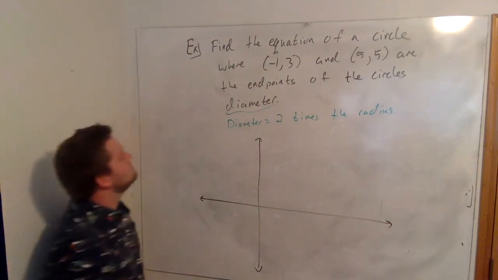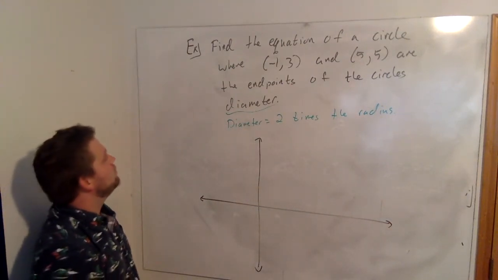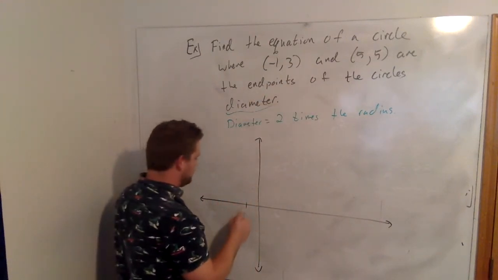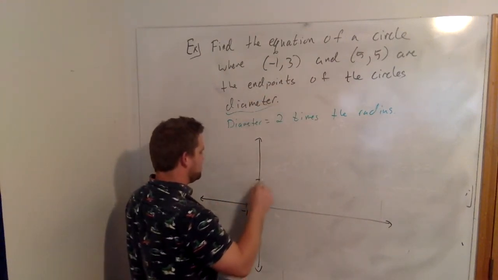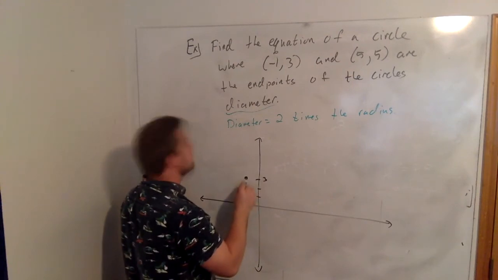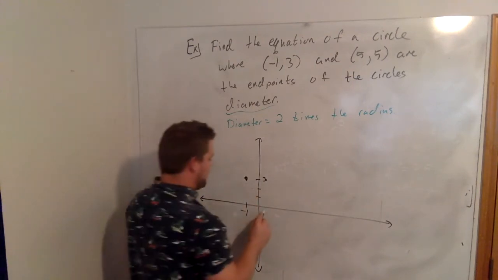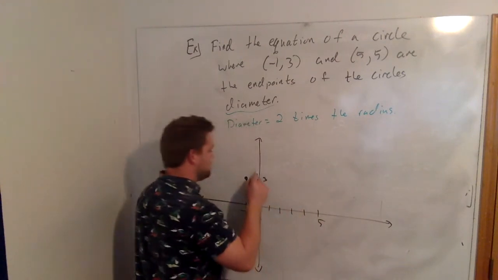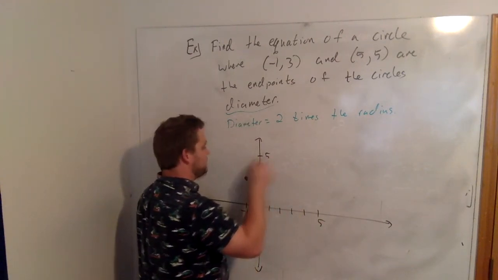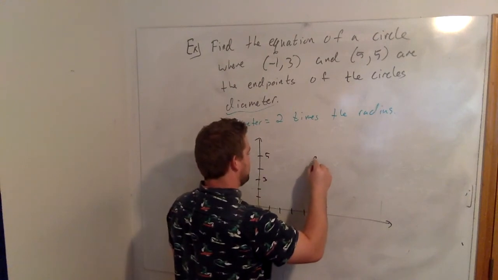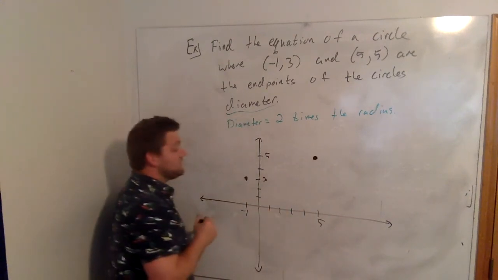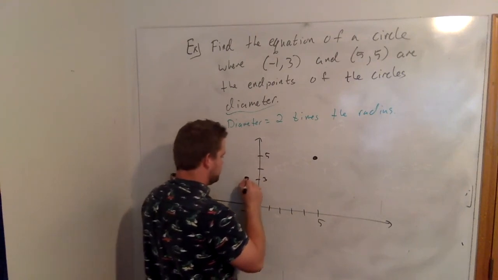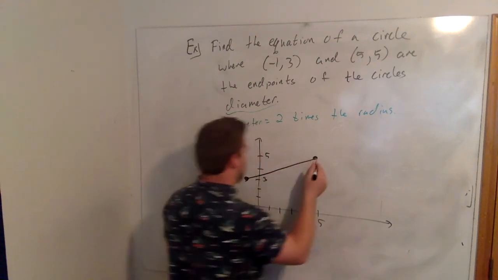Okay, so let's see here. We know that these 2 points are on the circle. So (−1, 3) is a point on the circle, and also (5, 5). So this point here is on the circle. And these are the endpoints of the diameter. So the distance from here to here is the diameter.